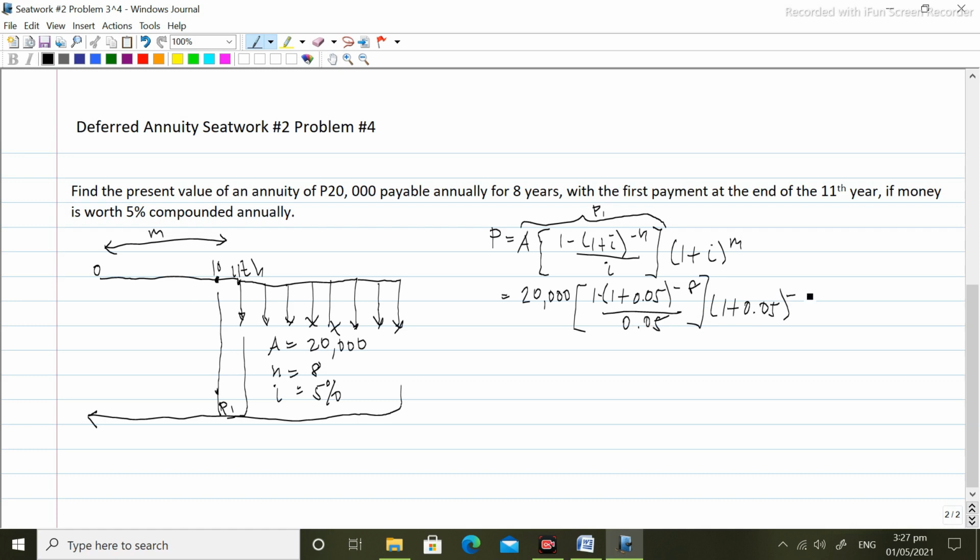So, negative 10 lang, hindi 11. Okay, so yung M, magiging negative din. So, meron tayong 79,357.04. Ayan po yung sagot natin. Okay?